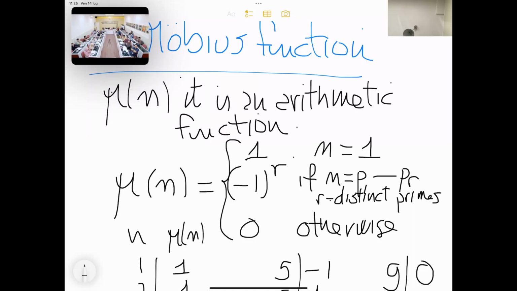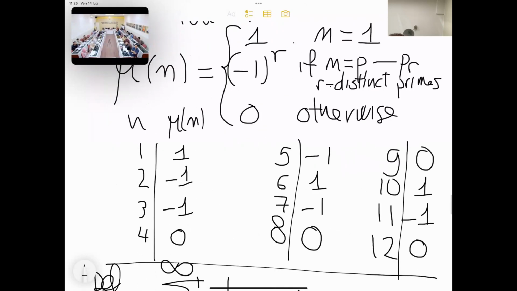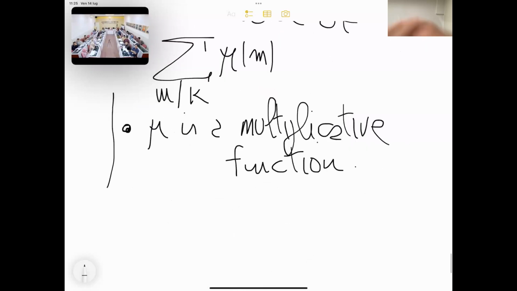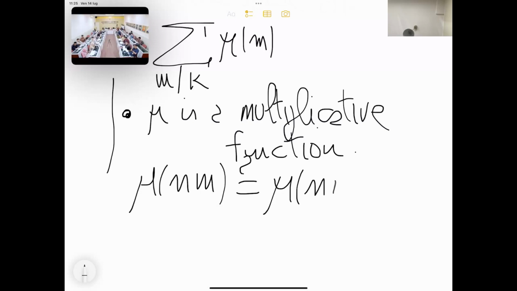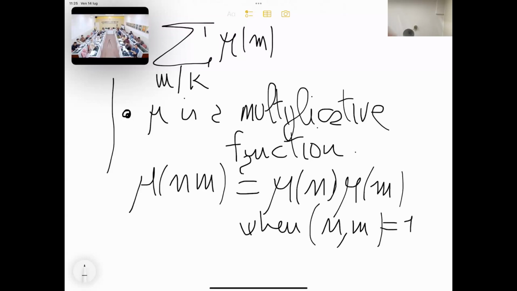Okay, well, mu of n times m. So the question is, is this equal to mu of n times mu of m when n and m are coprime?